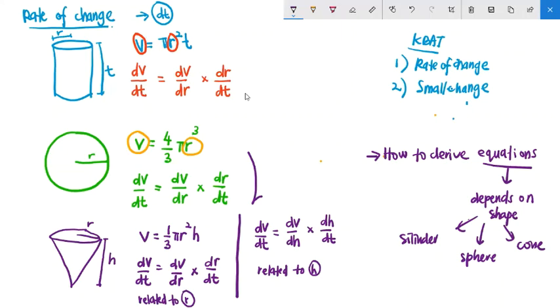So kena tahu dia punya formula. This one is pi r square h, 4/3 pi r cube, 1/3 pi r square h. Okay, depends on the shape. So shape ni dia akan effect on this.